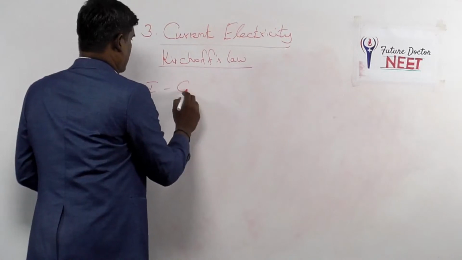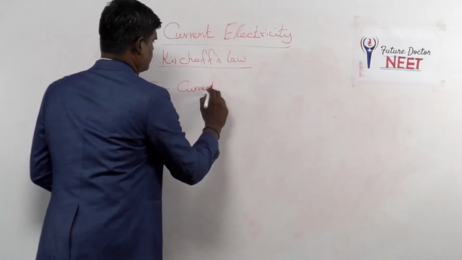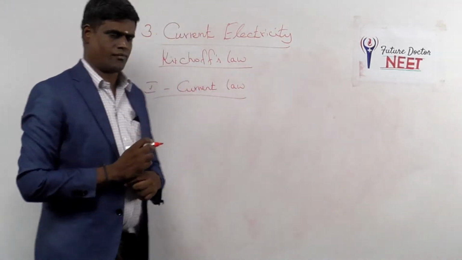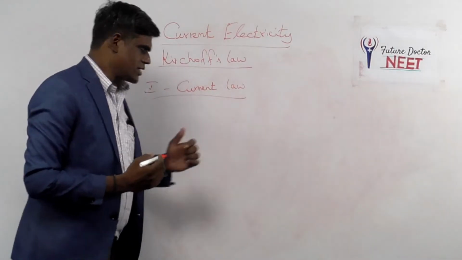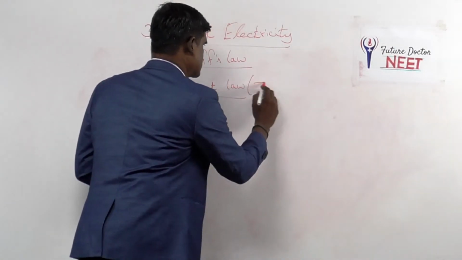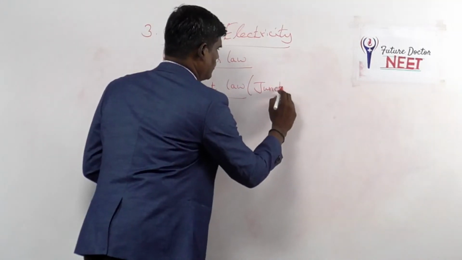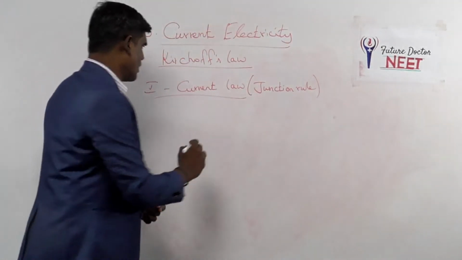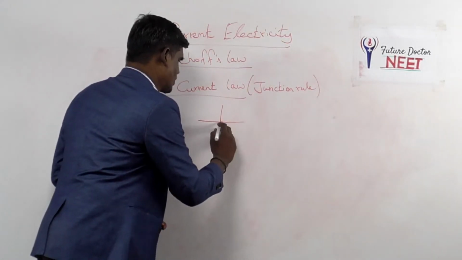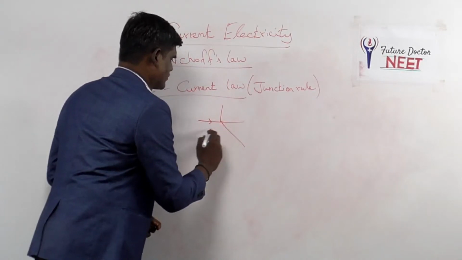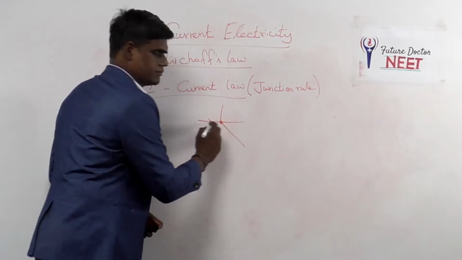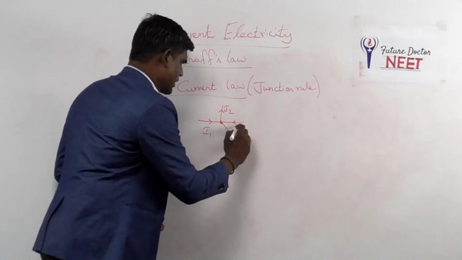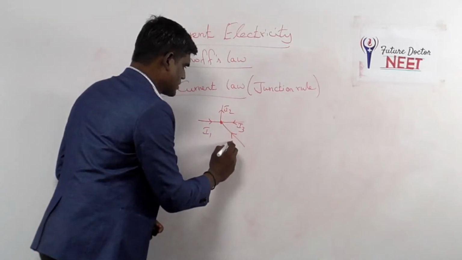First law is called current law, or junction rule, its other name is junction rule. For example, there is a circuit like this. I1 is a current and this is a junction, and I2 is a current like this, I3 is a current like this, I4 is a current like this.